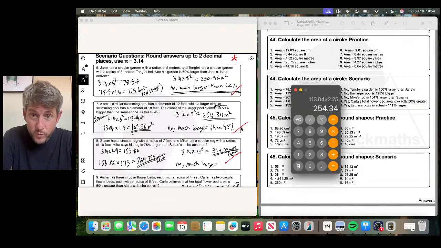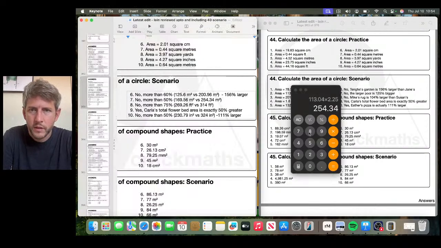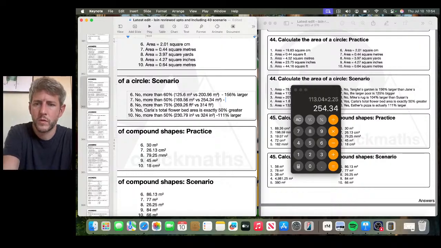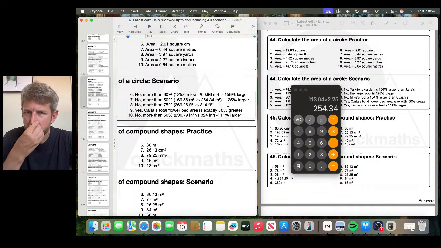Excellent, yeah, so that is also correct. So 125% larger.